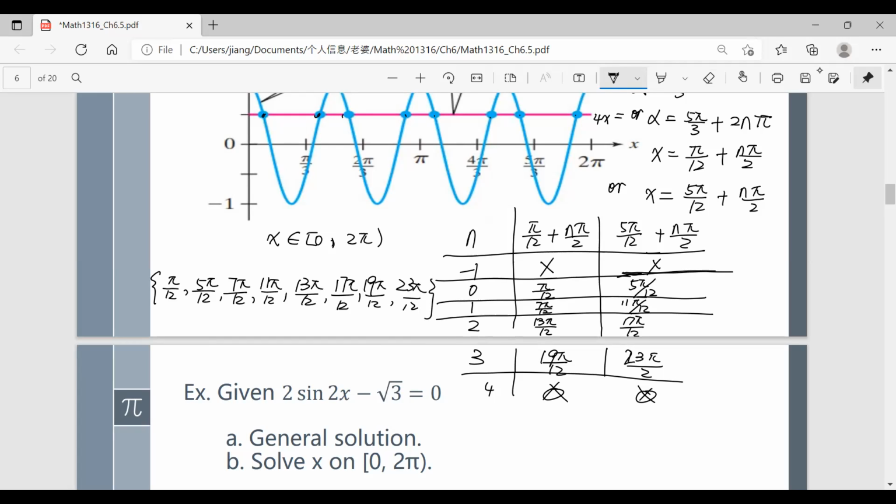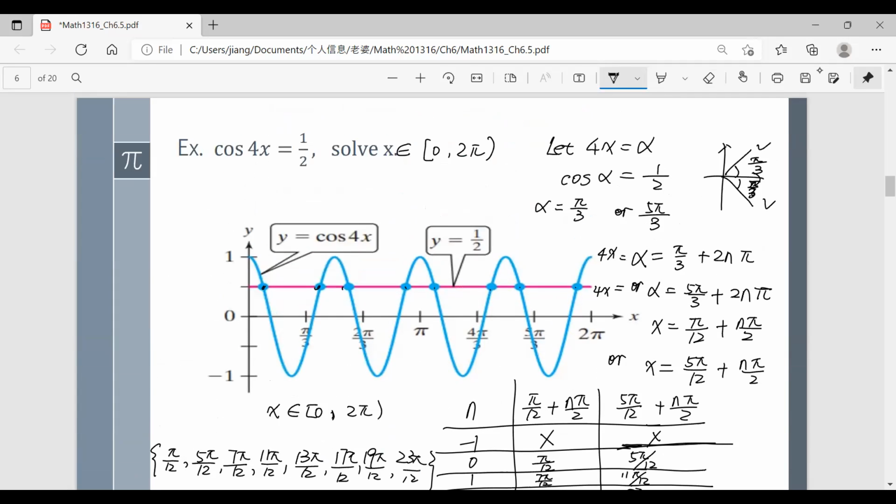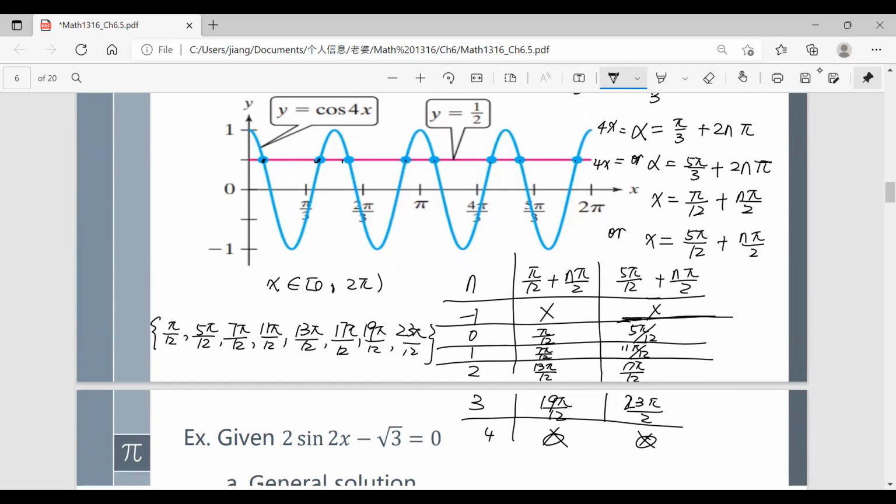So these are 8 solutions for cosine 4x equals 1/2. Let's move on to see the next one.